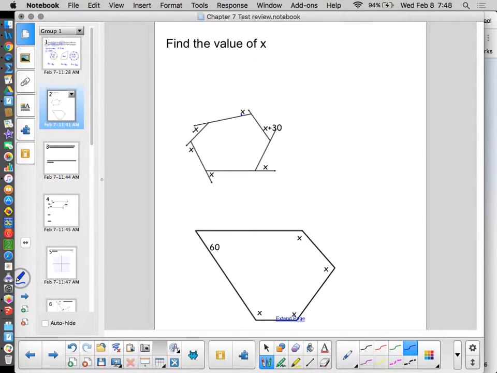So I got 1, 2, 3, 4, 5, 6 x's plus 30 has to equal 360. There's my equation, because there's 6 x's and a 30. And we subtract 30. I get 6x equals 330, which means x is 55. Is that right?